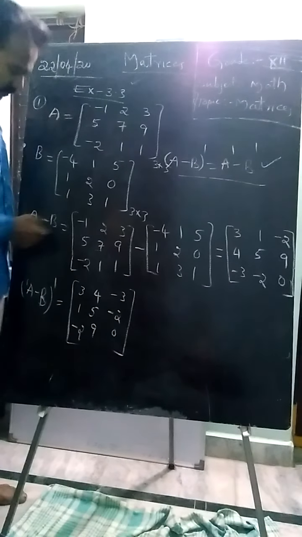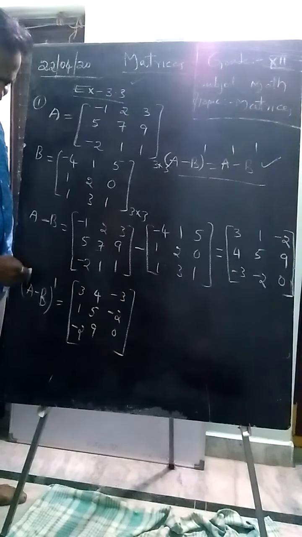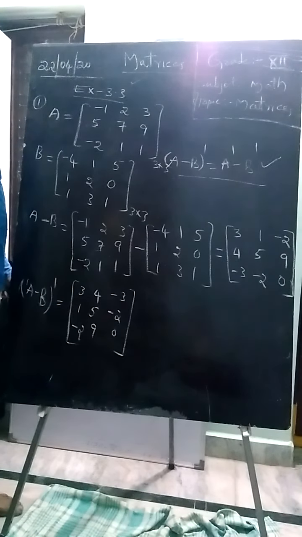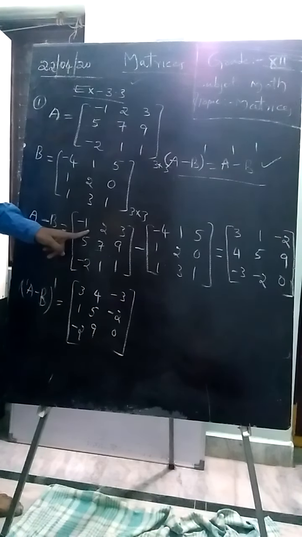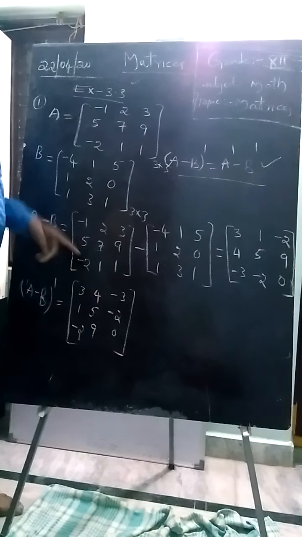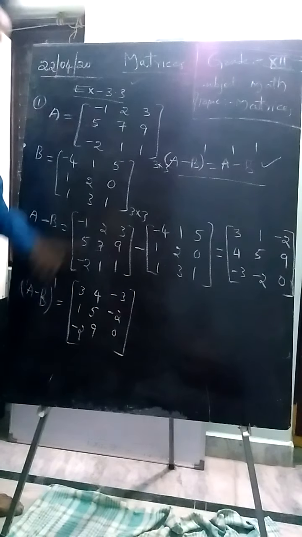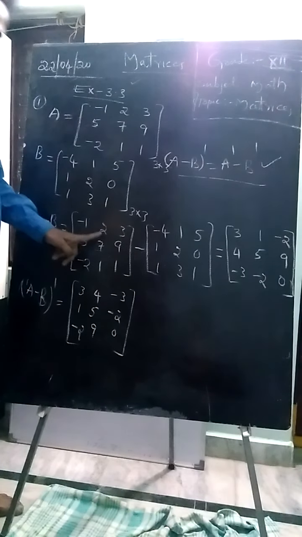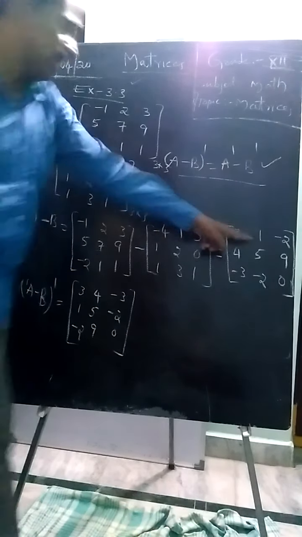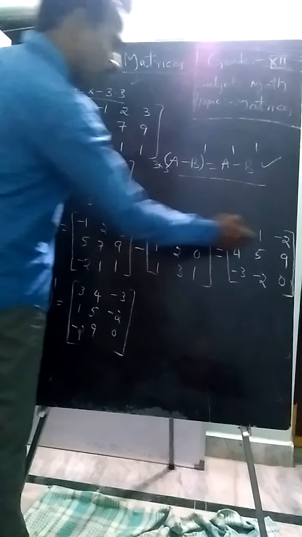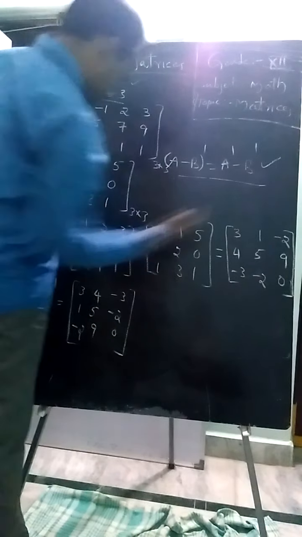Let us find A minus B. To find A minus B whole transpose, let us take A minus B. As we know, as a property of addition or subtraction, the order of matrices should be the same. That is why A minus B is: minus 1 minus of minus 4, that is 3, 2 minus 1, 1, and 3 minus 5, minus 2.